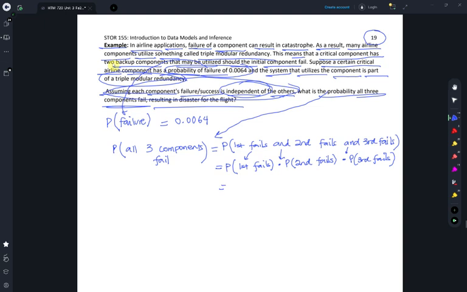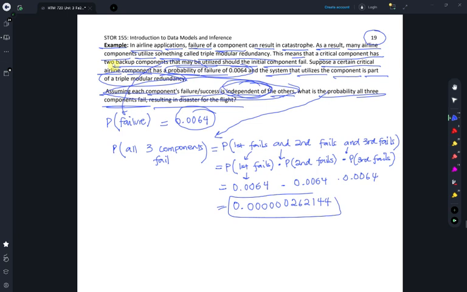Based on independence, we use the provided probability for each component. So this is 0.0064 multiplied by 0.0064 multiplied by 0.0064, which equals about 0.000000262144.